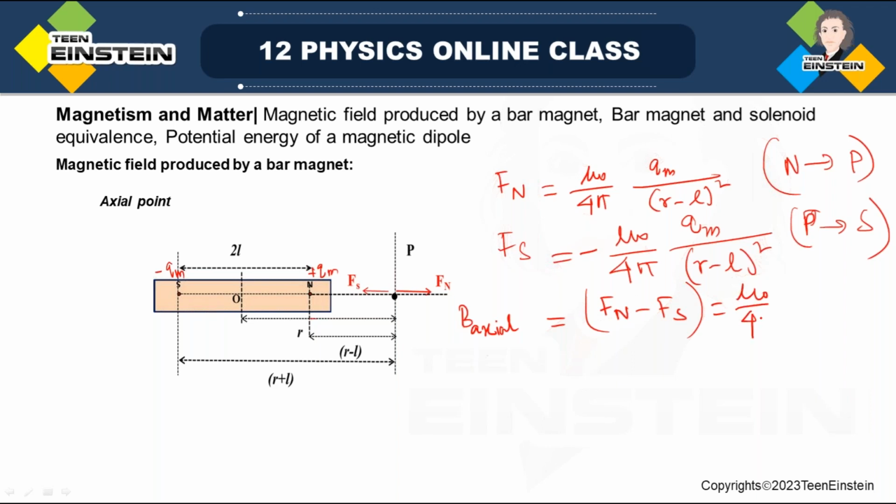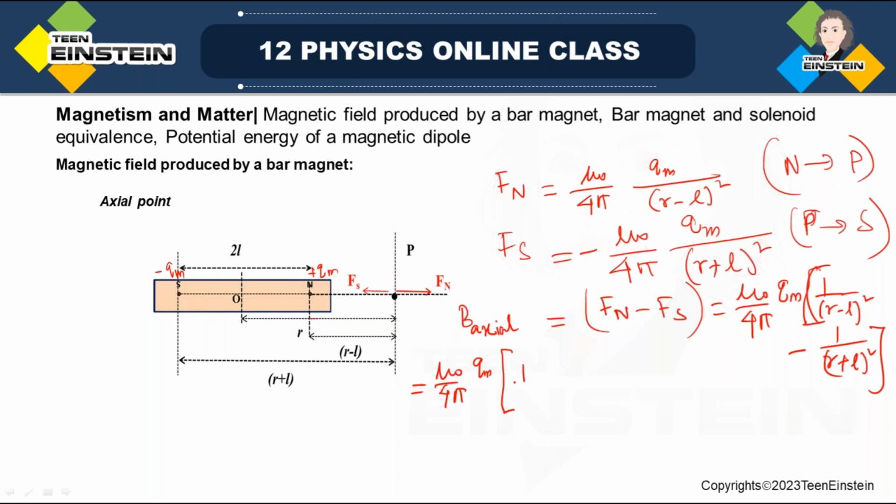So mu0 by 4 pi into qm, I'll keep together, and here it will be 1 by r minus l whole square minus 1 by r plus l whole square. So this is the whole term. Let me write it here: mu0 by 4 pi qm, r minus l whole square, minus r plus l whole square.